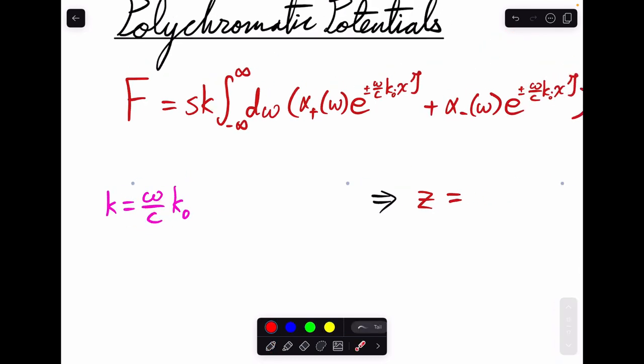So we know this, and that'll be up here. And we also know that sk is equal to omega over c sk naught.